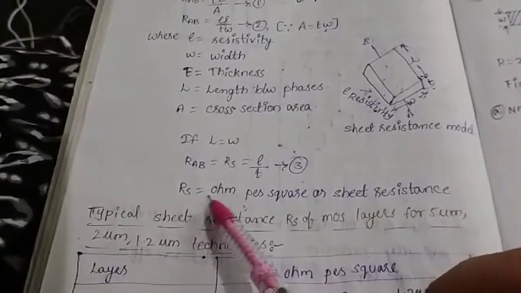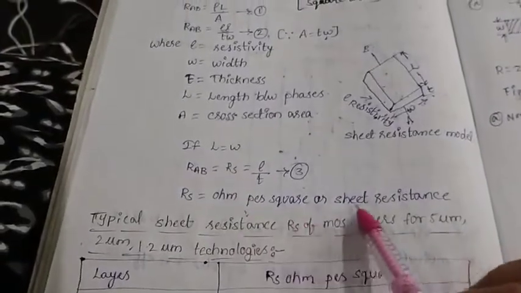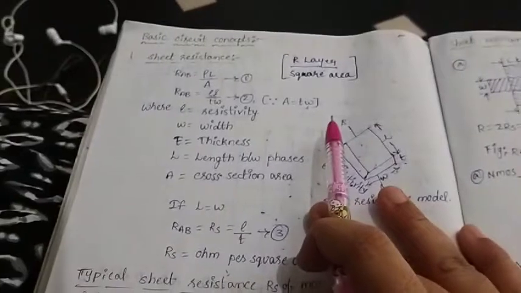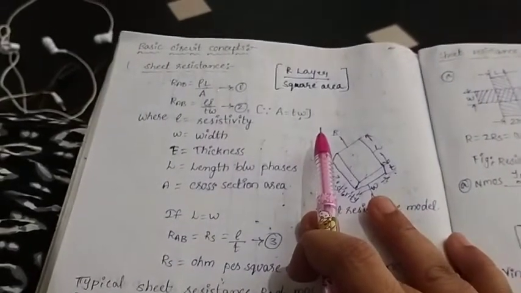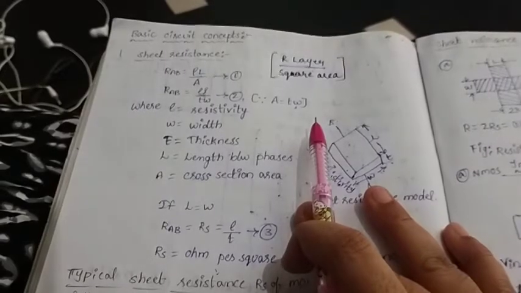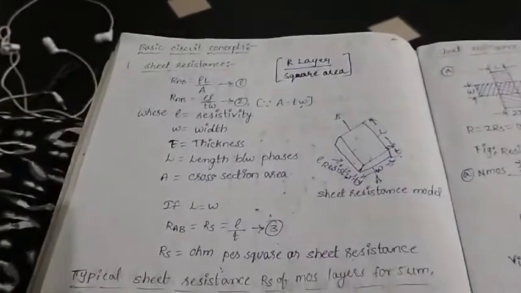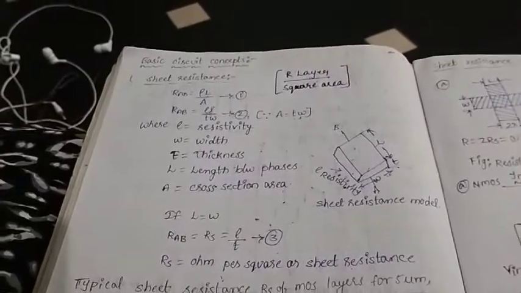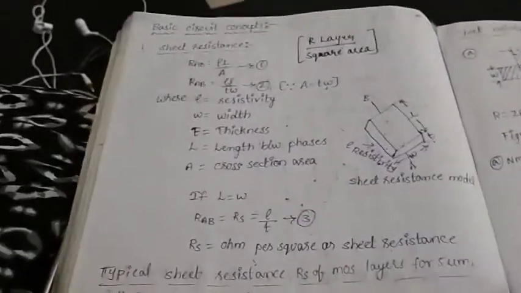Here R S is in ohms per square, the sheet resistance. So this is how we find the sheet resistance, to characterize the sheet resistance parameters in VLSI.